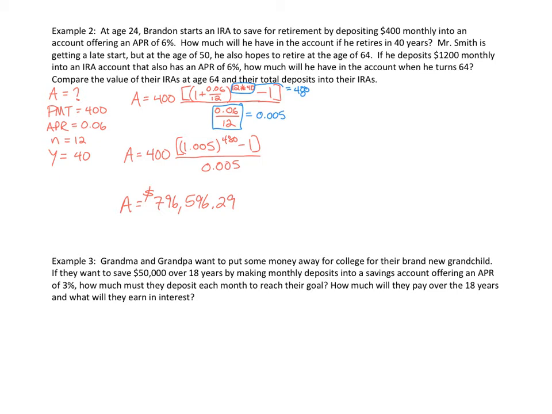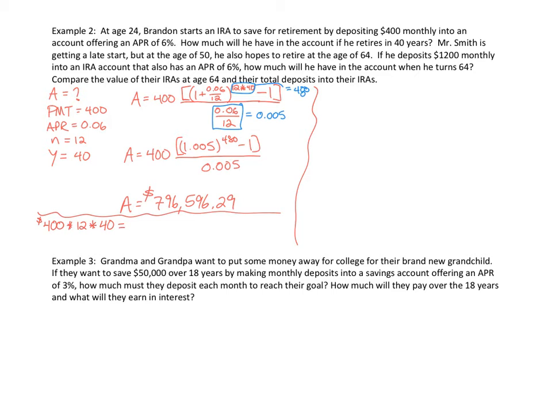So if we figure out very quickly here, what is the total number of deposits Brandon made along the way? Well, we know Brandon is putting $400 per month in, and there are 12 months every year, and he's doing it for 40 years.